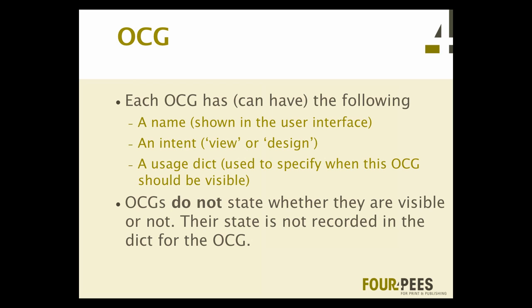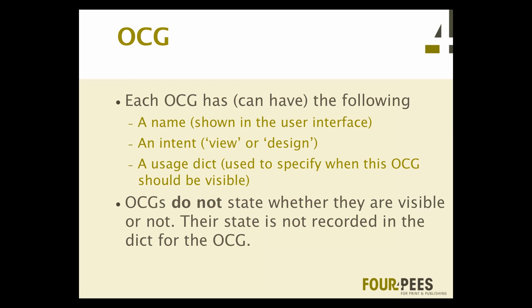An OCG has a name, which is the name you see in the user interface. It can have an intent, like view or design, and it can have a usage dict. That usage dict can be used to specify when that particular OCG should be visible. But the OCG by itself doesn't state whether it is visible or not.